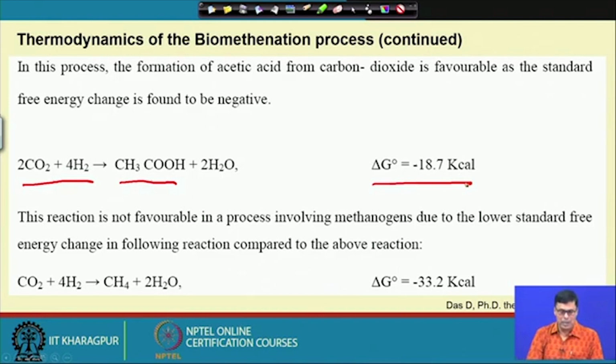This free energy change is much less as compared to the previous one, so that indicates the previous reaction is more favorable as compared to this reaction. Now, when carbon dioxide and hydrogen form methane and water, the free energy change is minus 33.2 kilocalories. That means carbon dioxide and hydrogen are more favorable for the production of methane rather than for the production of acetic acid.